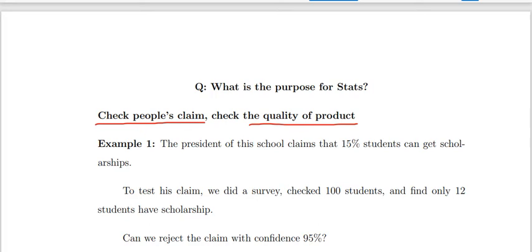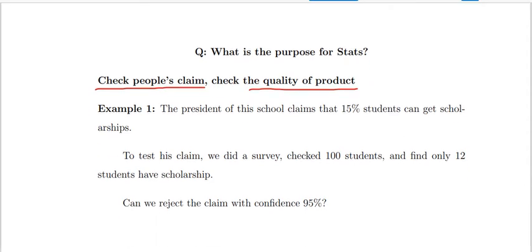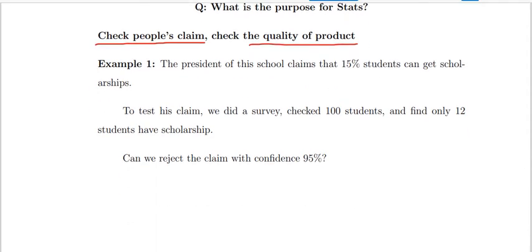For example, let's say the president of this school claims that 15% of students can get a scholarship. So we need to test this. We do a survey. Suppose we check 100 students, and among these 100 students we find only 12 students got a scholarship.